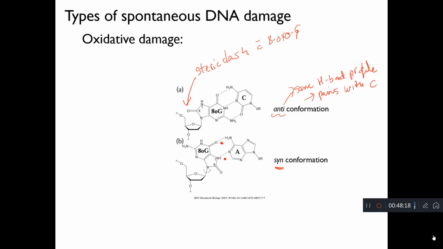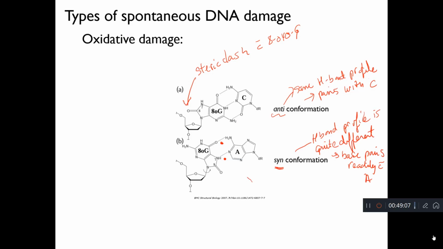Okay, so in the syn conformation, the H bond profile is quite different, and it base pairs readily with A. Okay, and so I think the only thing I wanted to point out here is that, in contrast to G, what also facilitates this 8-oxo-G base pairing with A is that it has a new H bond donor at this position.